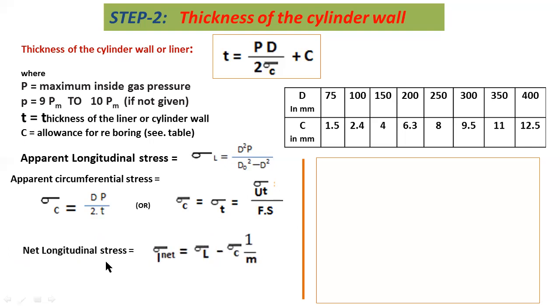Now, net longitudinal stress equals sigma L minus sigma C into 1 by m. Net circumferential stress, sigma C net, equals sigma C minus sigma L into 1 by m. These are the formulas for design of engine cylinder thickness. And other formulas are also there.